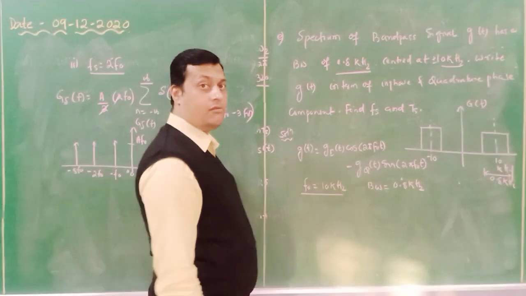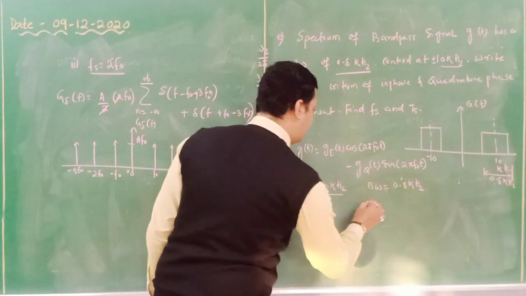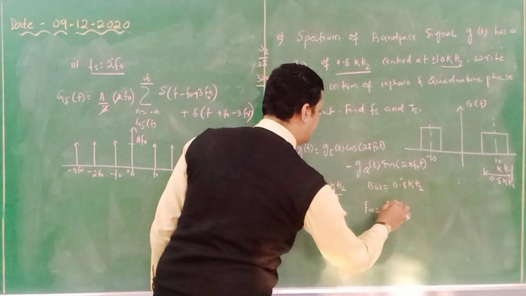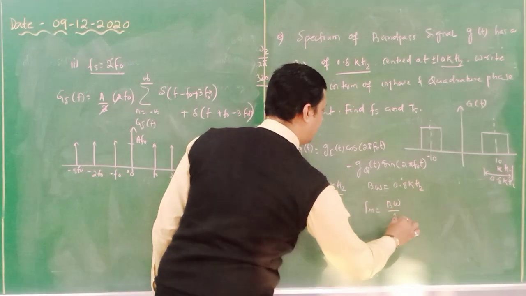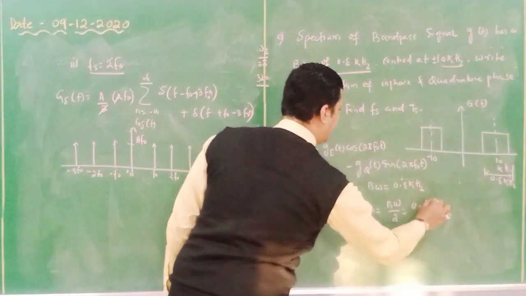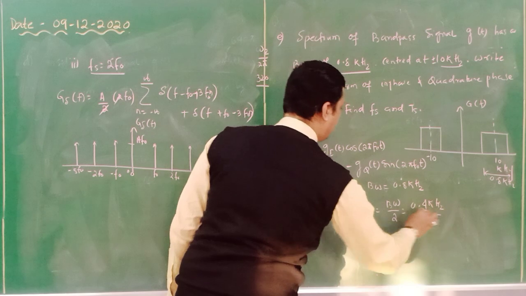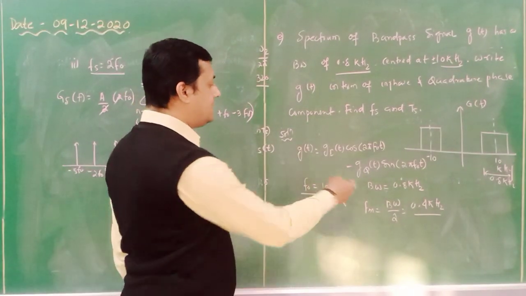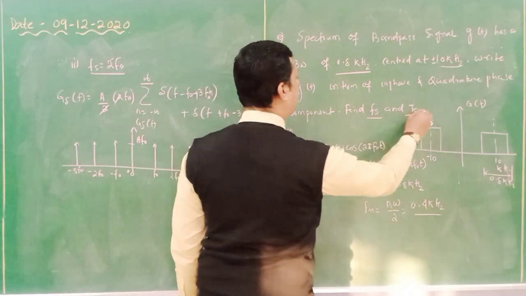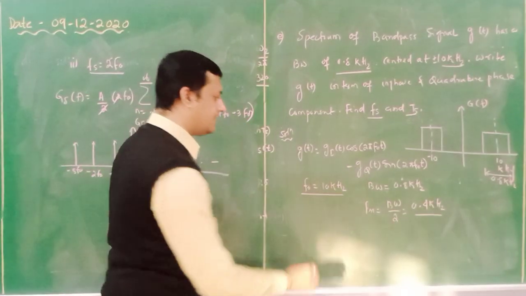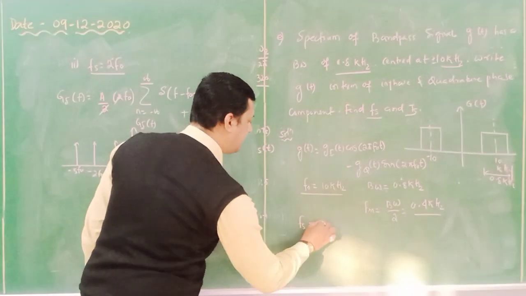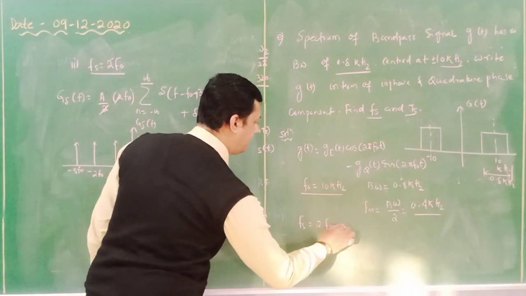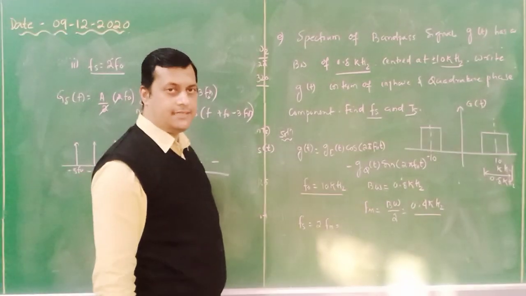Now, what is the Fm? The modulating frequency is equals to bandwidth divided by 2. So here I will get 0.4 kilohertz. So this is my modulating frequency. Now once this frequency is known, it is easy to identify Fs and Ts. Fs is equals to twice of Fm, because only one single frequency is available.